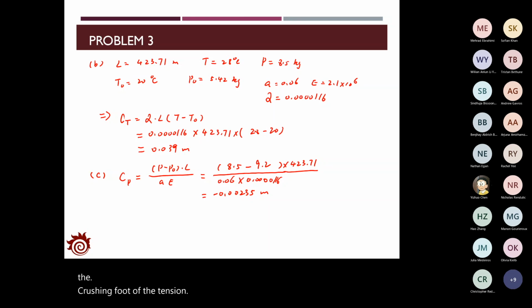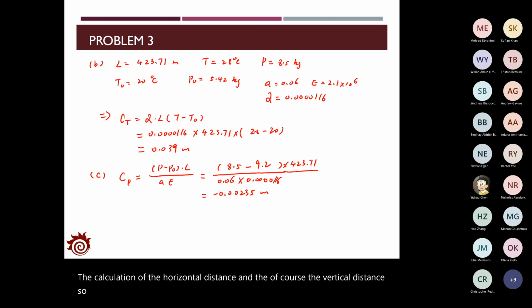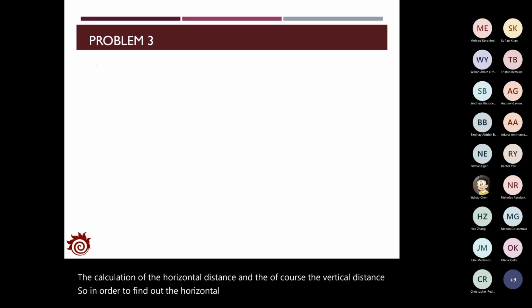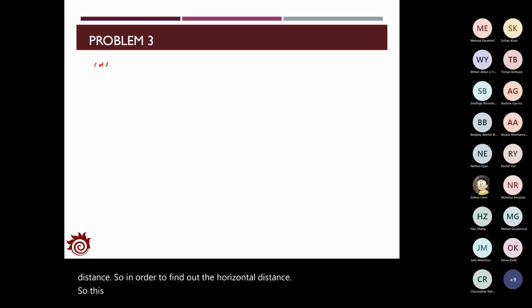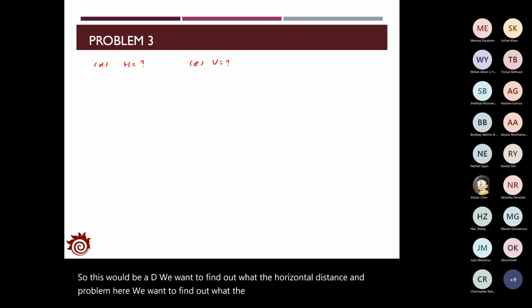And the last thing will be the calculation of the horizontal distance and, of course, the vertical distance. In order to find the horizontal distance, this would be D. And in problem E, we want to find the vertical distance.